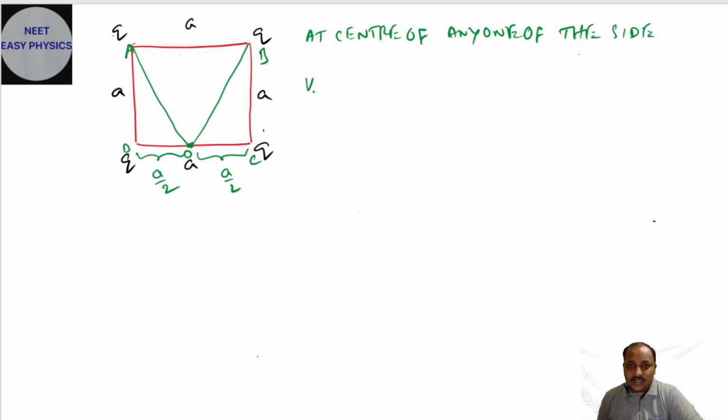Now potential at center of any one of the sides is VA plus VB plus VC plus VD. So VA means this distance we should come to know, AO. How will you calculate? Let us assume this is r. So KQ by r plus KQ by r plus KQ by a by 2 plus KQ by a by 2.